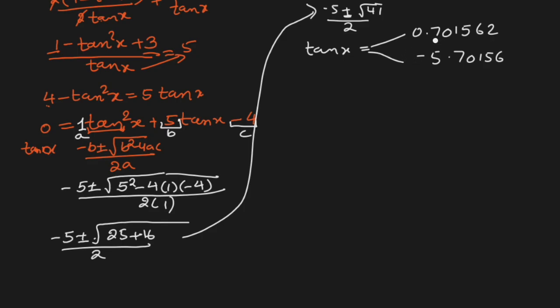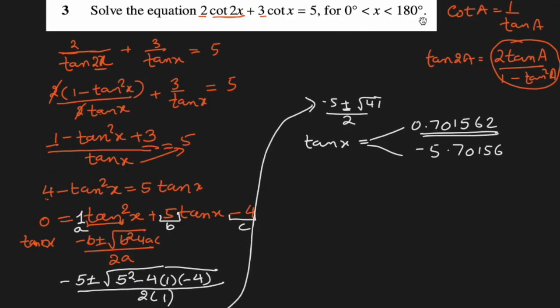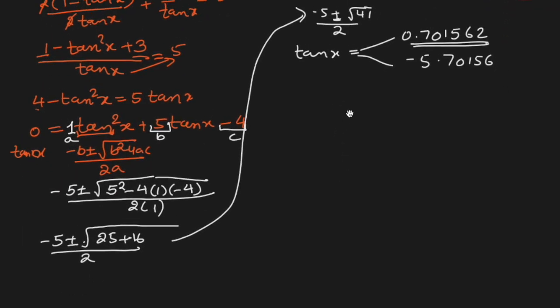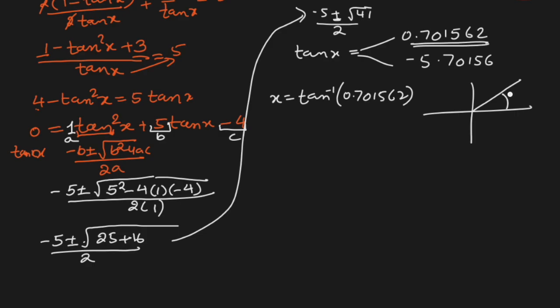So let's focus on this. Let's see what domain they had given, 0 to 180, correct? That was the domain. So we'll use the domain here. So this is positive, correct? Positive means tan is positive here. Whatever angle we get by tan inverse of 0.701562 will be this angle.